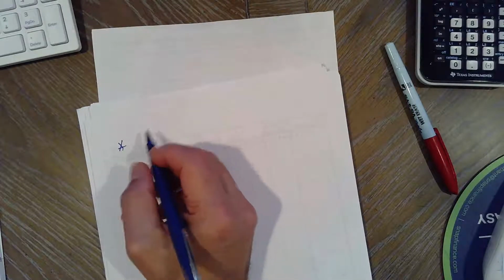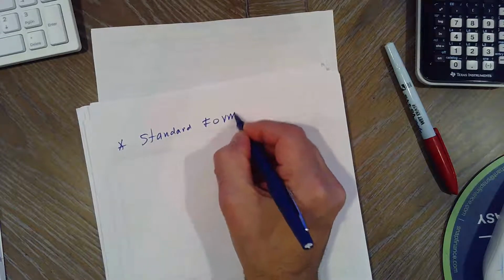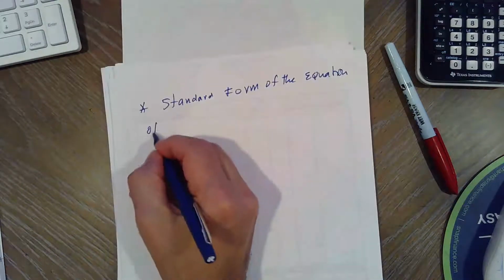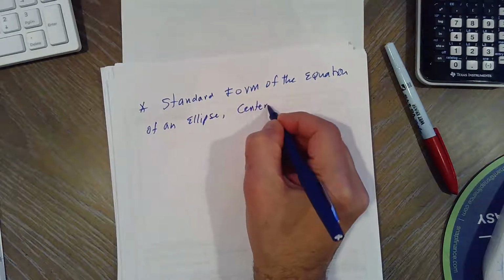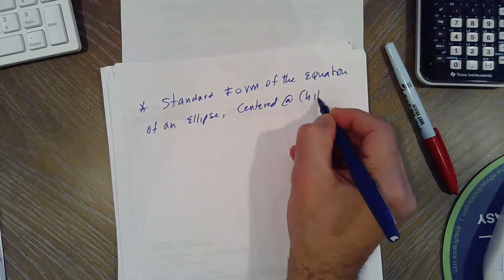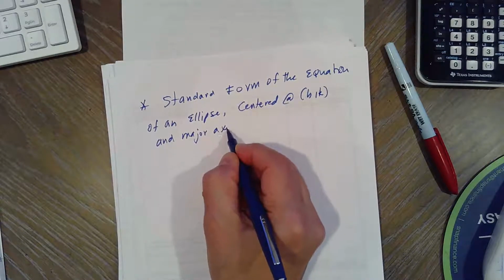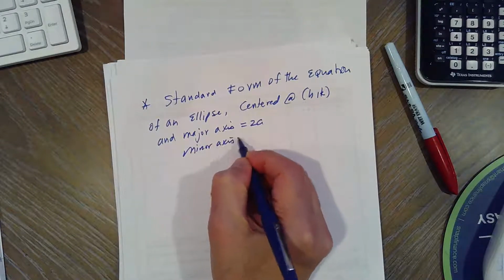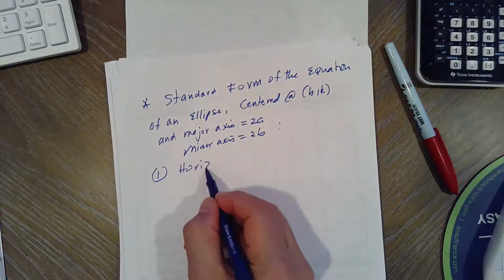So now the standard form of the equation of an ellipse centered at (h, k), where the major axis is 2a and the minor axis is 2b.